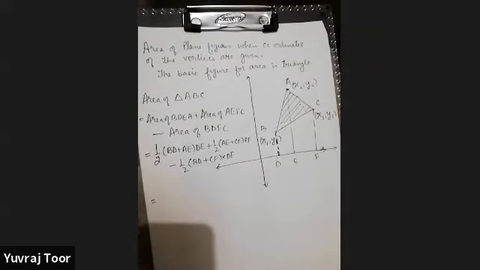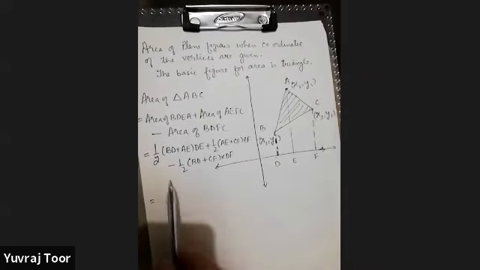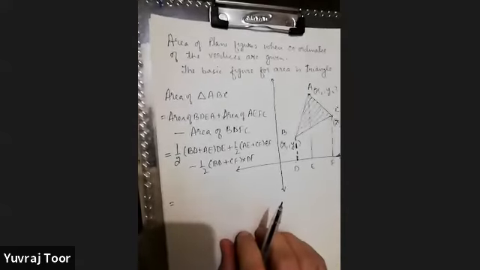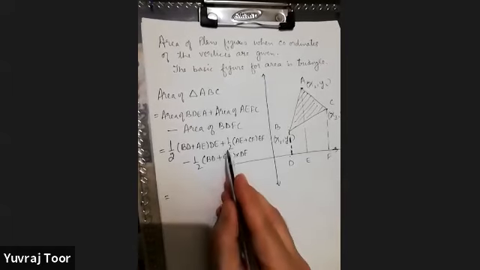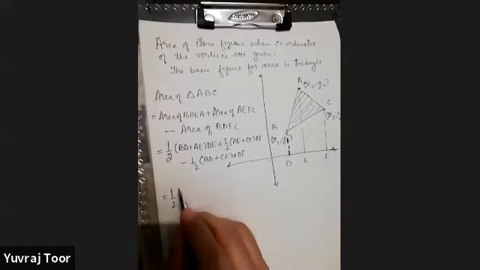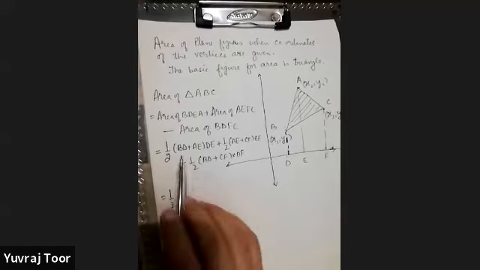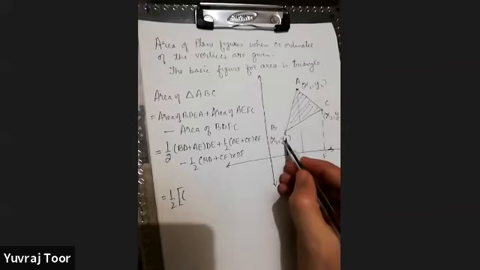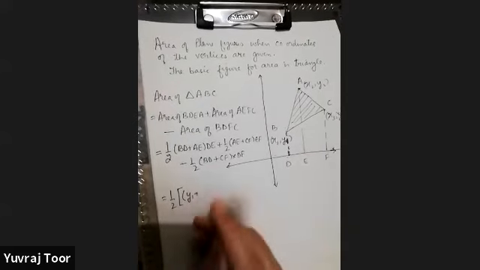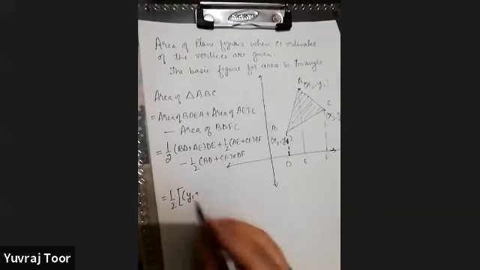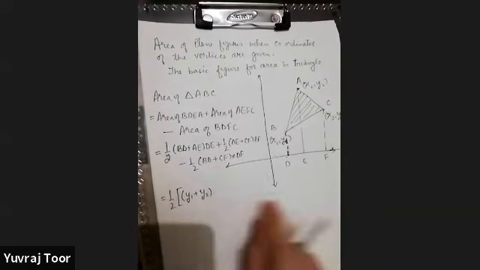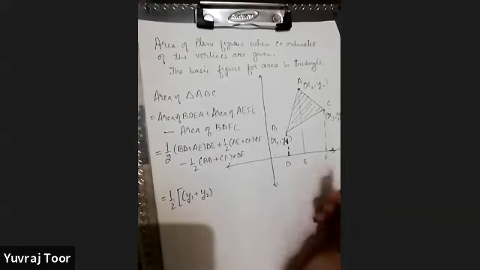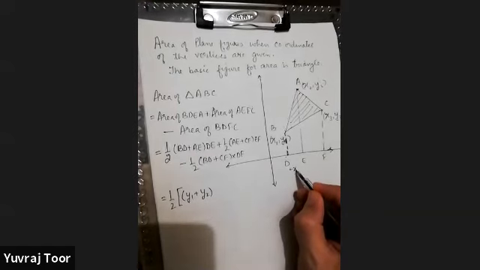Now, according to the coordinate system, BD, AE, DE, all these lengths are either horizontal or vertical. So let's see, we can take half common. After taking half common, I'll see what is BD. BD is a vertical length, that is y1. Then I go for AE. AE is y2. DE is nothing but x2 minus x1.